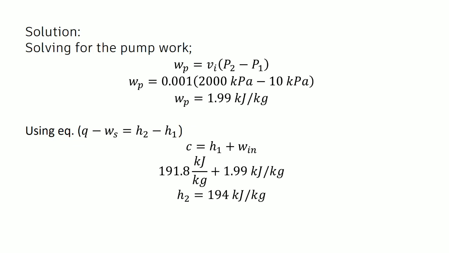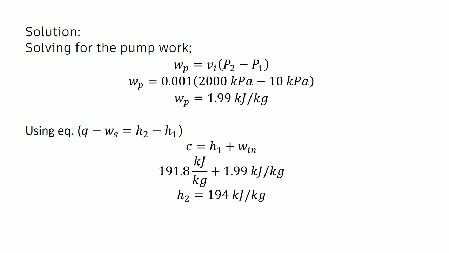So let's proceed to solve. Here is our saturated liquid. It is on this property table denoted here under 10 kilopascal pressure. After getting the value for our pump work, let's proceed using this equation.